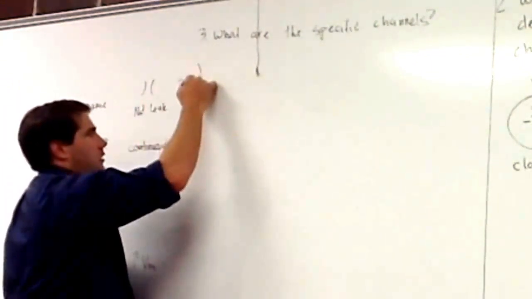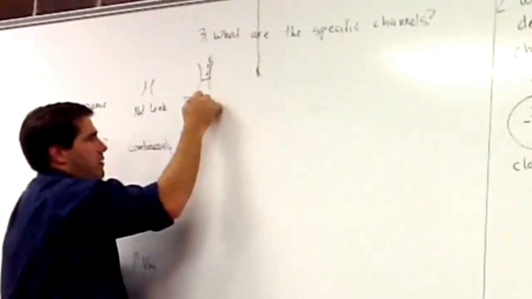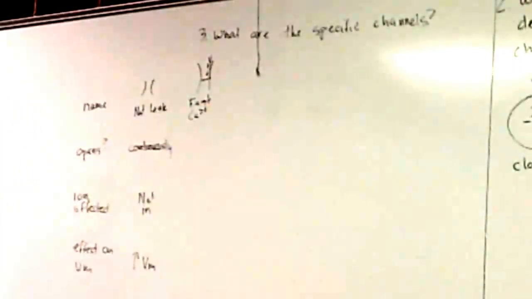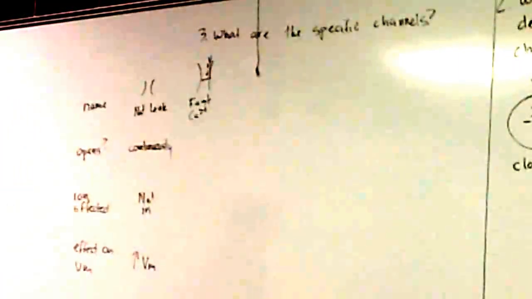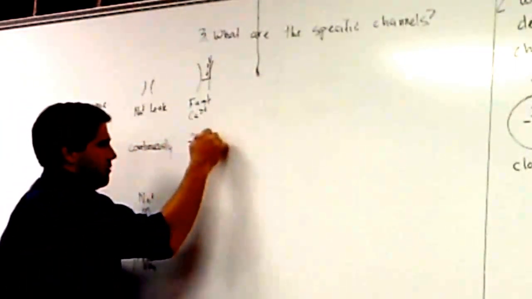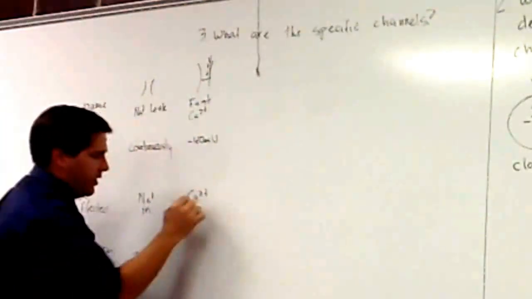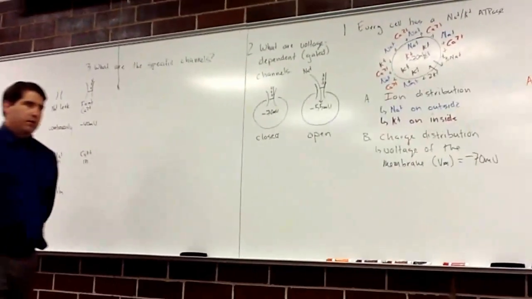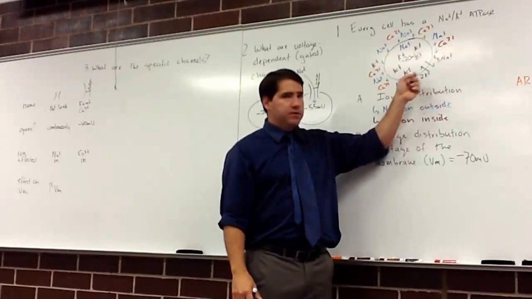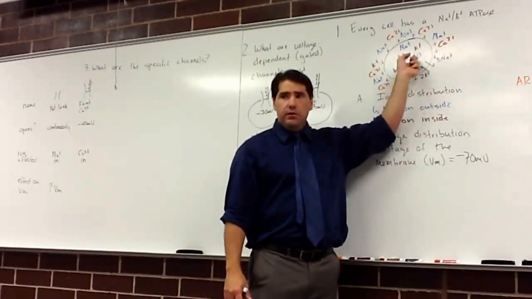Next one, drawing this one bigger. This one's called a fast calcium. And this one opens at minus 40 millivolts. Causes calcium to enter the cell. And since calcium is a positively charged ion on the outside of the cell, if we open up a channel and let calcium flow, it's going to go into the cell.